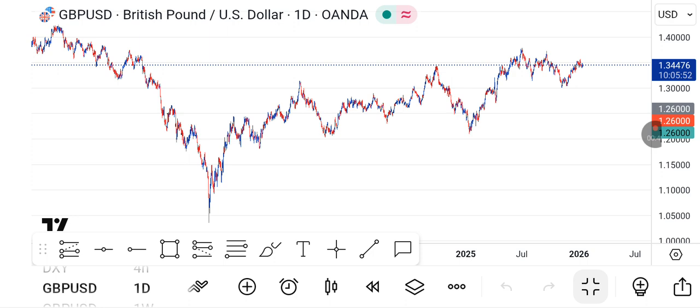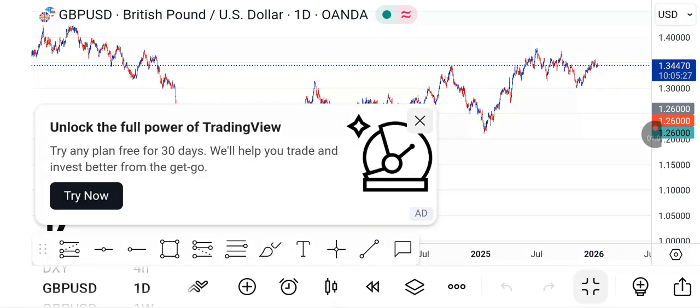Yes, my favorite pair. So it's for newbies, those who have been looking for a way how they can analyze the market. Many traders out there have their own way of analyzing the market.